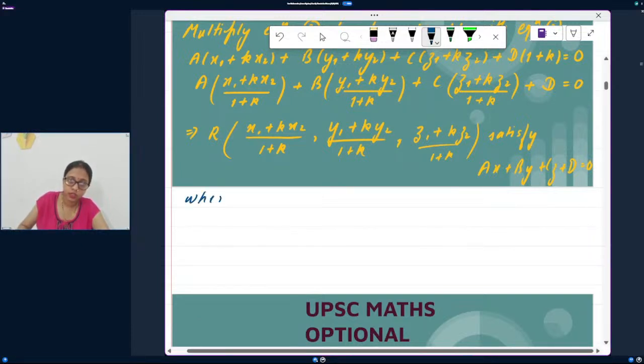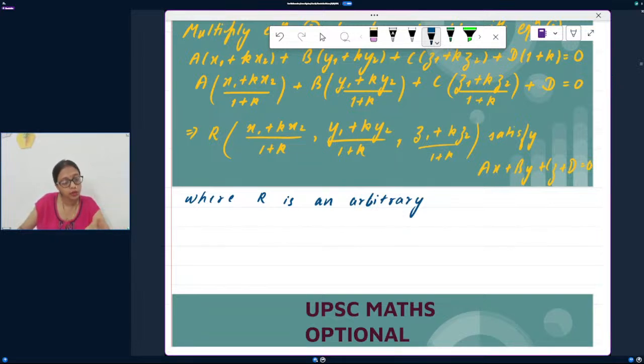Where this R is an arbitrary point, there is actually a property in mathematics known as the arbitrary property, and that is the base of mathematics: if I prove that for a random element, for an arbitrary element, it is true, then it is true for every such element.